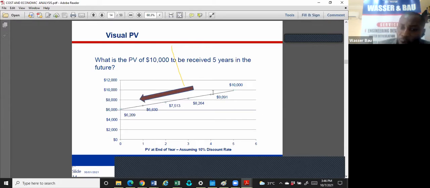If you are moving backward, you call it discount. You are discounting this money. If you are moving forward, you call it interest. So the opposite of interest is discount. It depends on whether you are moving from the future to the present, or from the present to the future. In this case, we are asking, what is the present value?